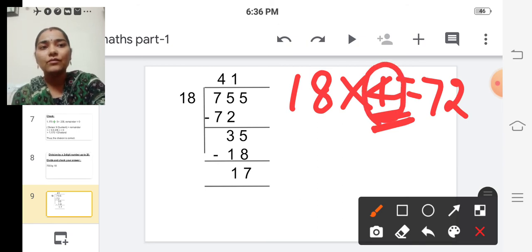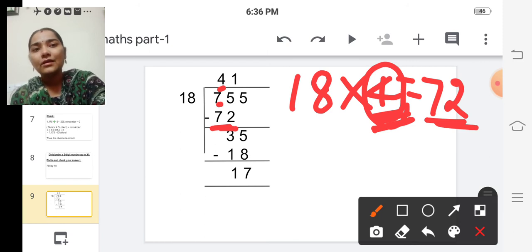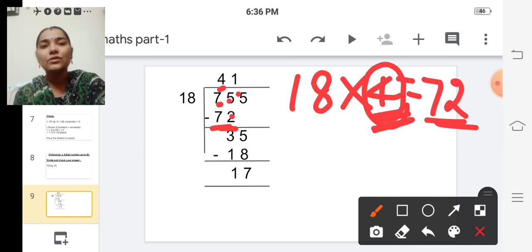We write the 72 here and subtract 72 from 75. Subtract the ones digits. What are the numbers we have? 5 and 2. 5 minus 2 is 3, and 7 minus 7 is 0, so we do not write it.